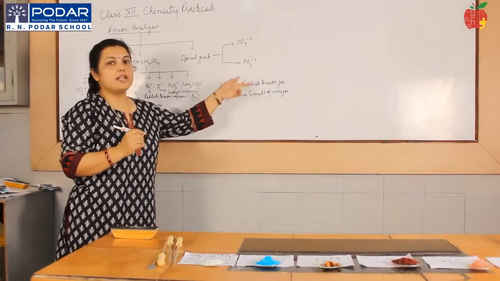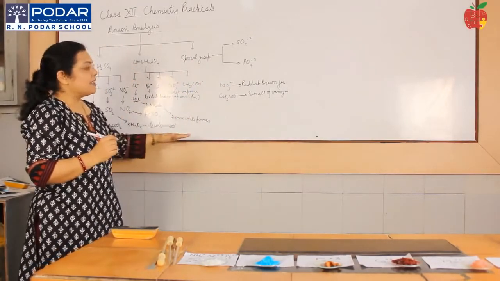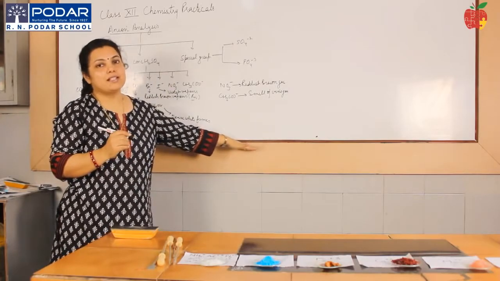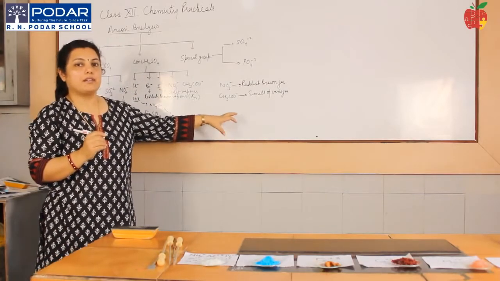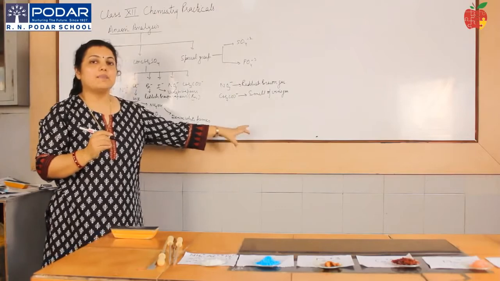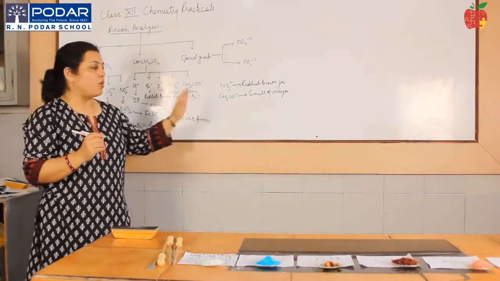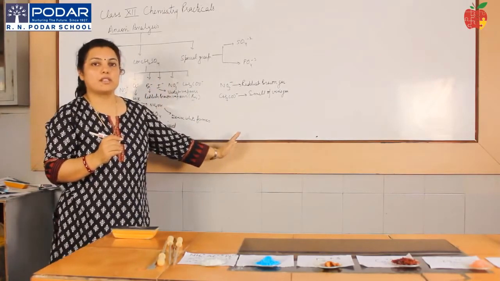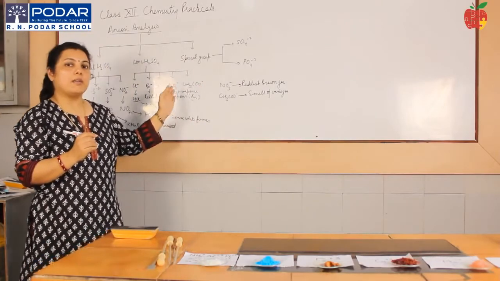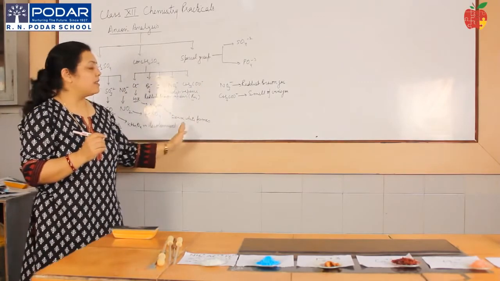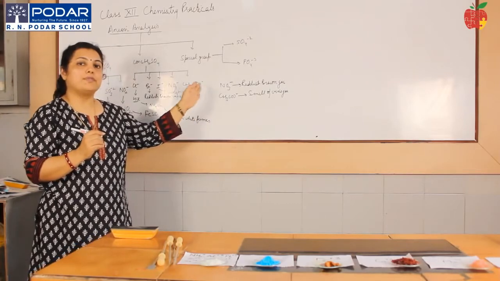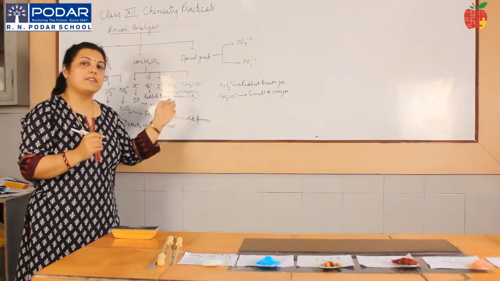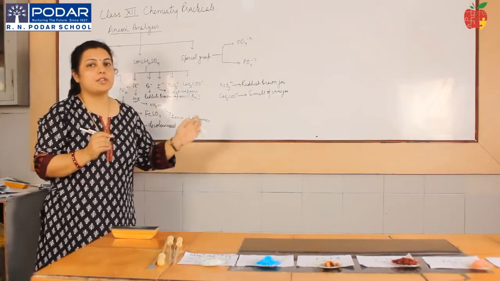We have individual tests. The kind of test that only indicates the presence of a certain anion of a particular group is basically known as a preliminary test. So all these are the preliminary tests that we have discussed up till now. Once you are able to analyze the anion in the preliminary stage, then you will have to perform the respective confirmatory test for each one of them to confirm the salt.